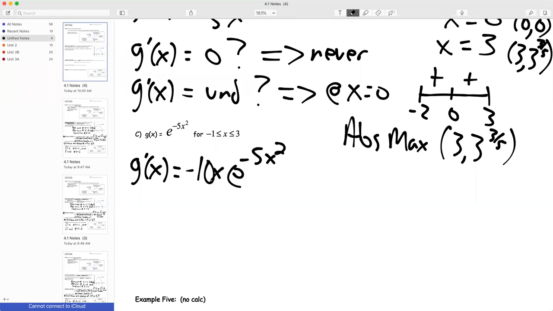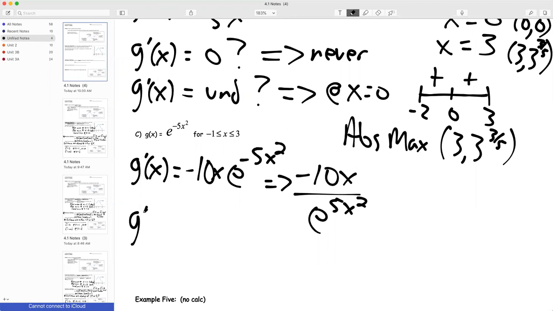And so I'm going to clean this up a little bit. The negative 10x stays in the numerator, and because this has a negative exponent, it's going to go to the denominator and give me positive 5x squared for my exponent.